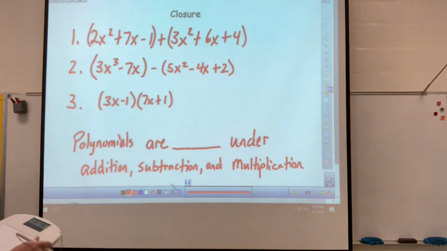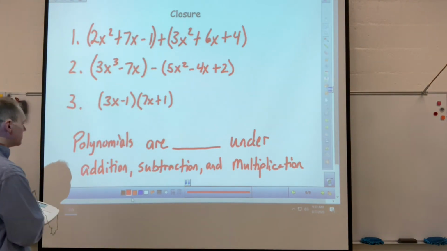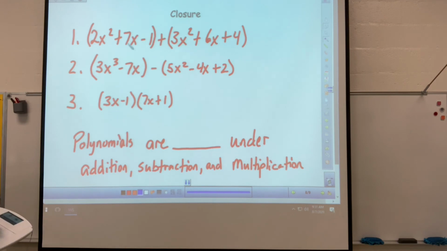Okay, so for each of these, we're going to get polynomials. So in this first one, I'll just put this in blue, we're going to get 5x squared plus 13x plus 3. When we subtract, we're going to get negative 2x squared minus 3x minus 2.